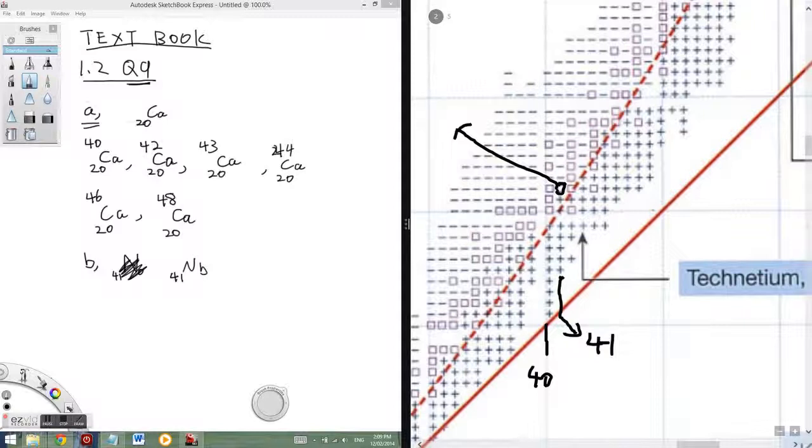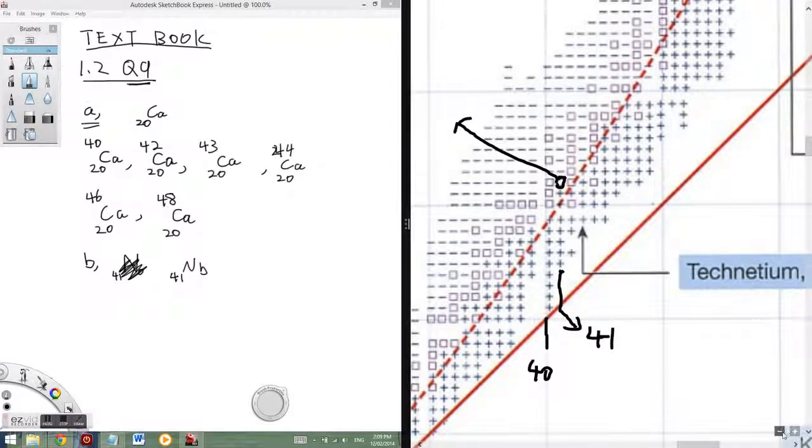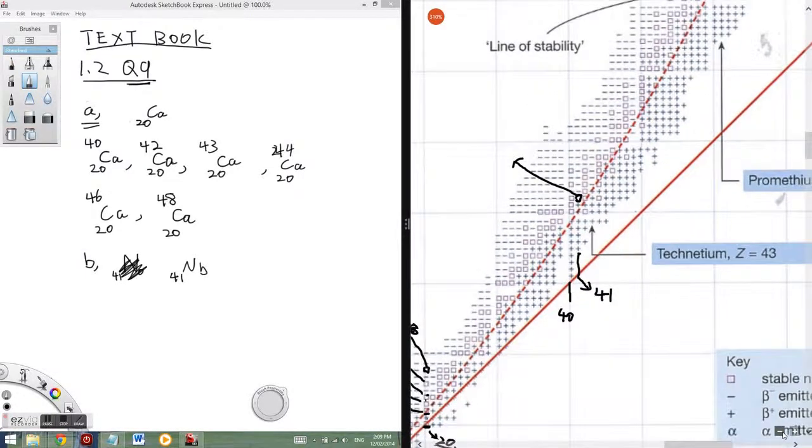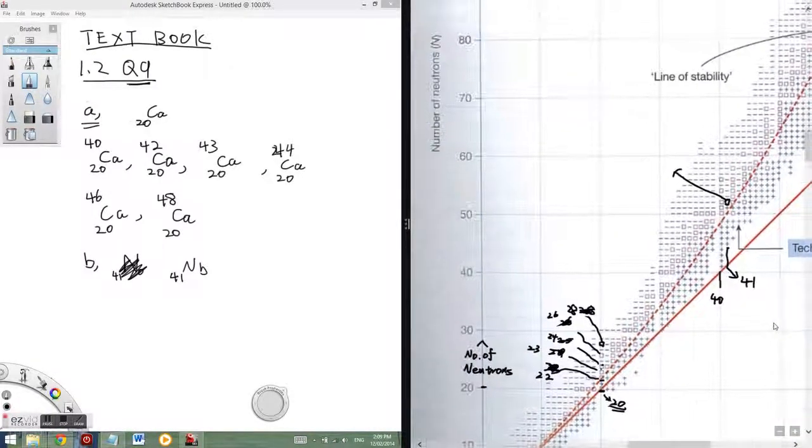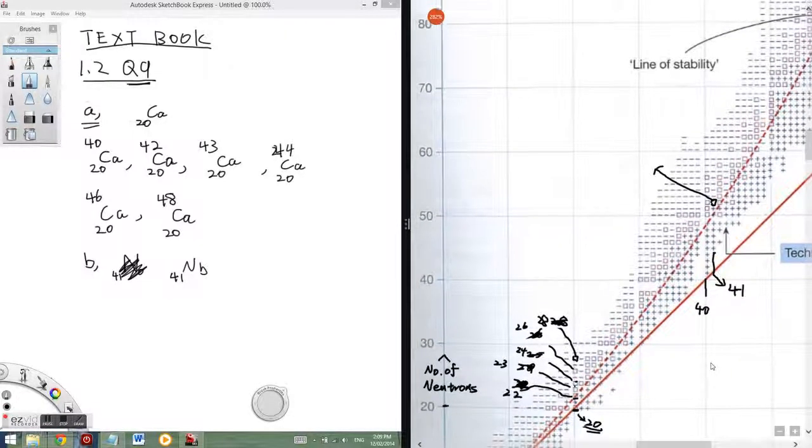We're only interested in this one. Let's mark it. This is a stable isotope. Let's use a ruler and draw a line to find out how many neutrons it has. The line of 50, that's 50, 51, 52. We have 52 neutrons.